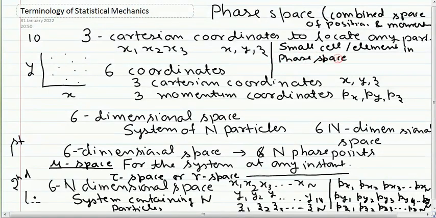And that is represented as dpx, dpy, dpz, and dx, dy, dz. So this small element denoted by dx, dy, dz, dpx, dpy, dpz represents a cell or an element in the phase space. This is the smallest cell or the smallest element in the phase space.